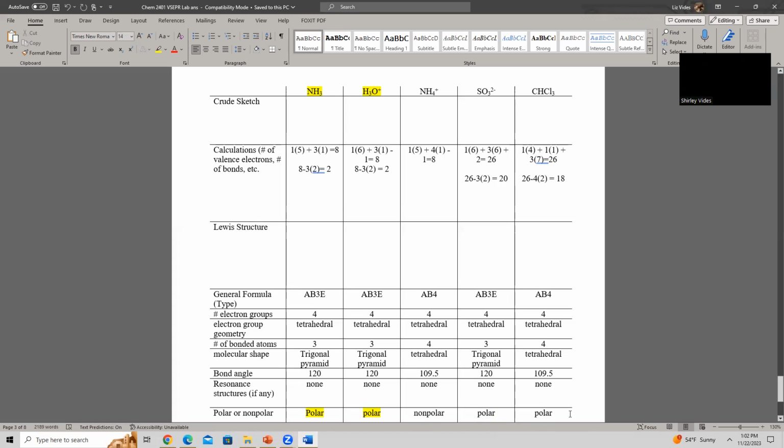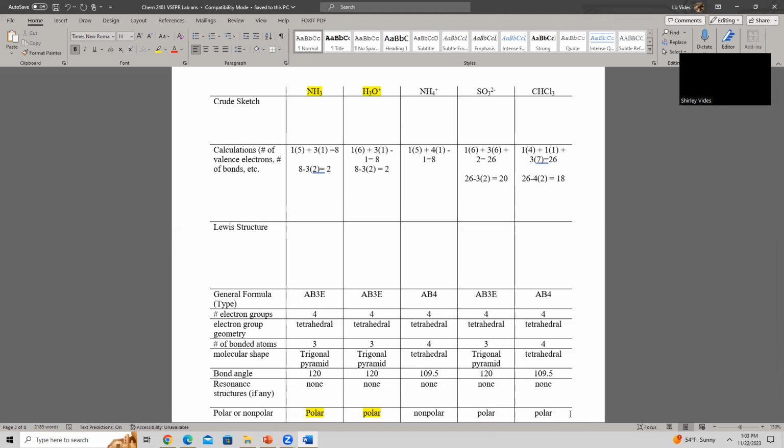The last one, looking at it, you're going, okay, so that one says polar, even though it doesn't have anything else, but you know there are two ways of knowing how to do polar. In this one, the reason it's polar is because one of those atoms bonded to the carbon is not a chlorine. Therefore, it imbalances the charges.